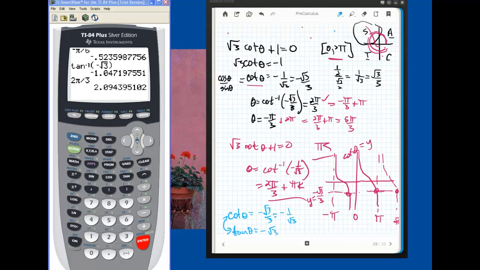Remember, inverse tan only spits out values from here to here. So what this actually gave me was negative pi divided by 3. I'm glad I stumbled onto that. I forgot about that.